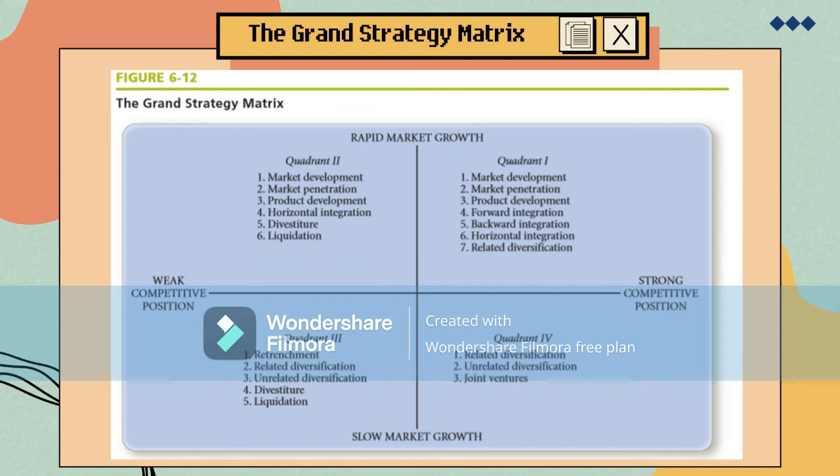And now, let's proceed to our second quadrant. Quadrant 2 in this grand strategy matrix is home to companies in a weak competitive position in a rapidly growing market. So, kung ang isang business ay nasa quadrant na to, yung management of the firm mo, meron lang siyang moderate competitive situation as a business.